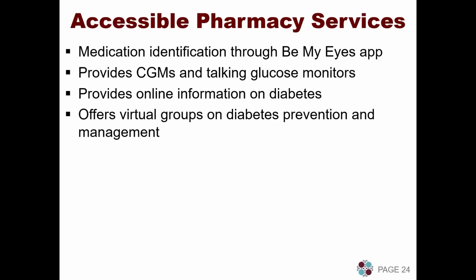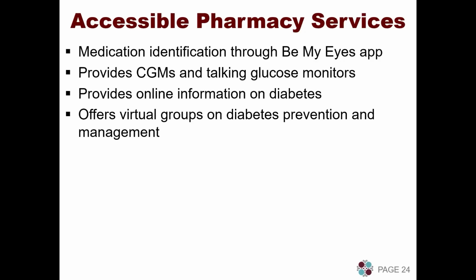So some more about accessible pharmacy services. They do provide medication identification through the Be My Eyes app. So for anyone that uses Be My Eyes, there's a spot where you can look up different, I call them vendors, but you can then access Accessible Pharmacy and talk to someone on their staff to help identify medication. Accessible Pharmacy also provides continuous glucose monitors, talking monitors for glucose.